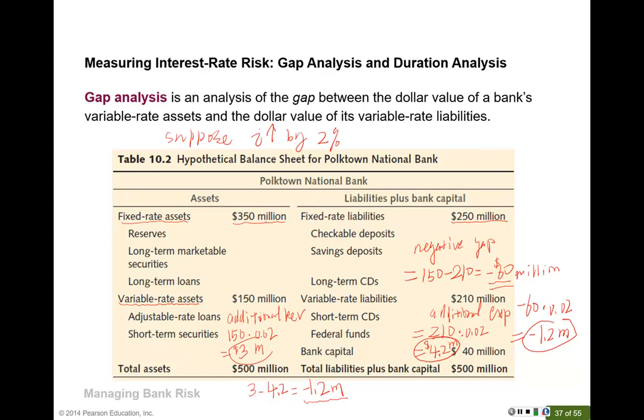This amount is the same as this amount. So this negative gap tells us that if the interest rate increased by 2%, this bank's profit is going to reduce by $1.2 million. So that's how we manage the interest rate risk. We use this example to illustrate.